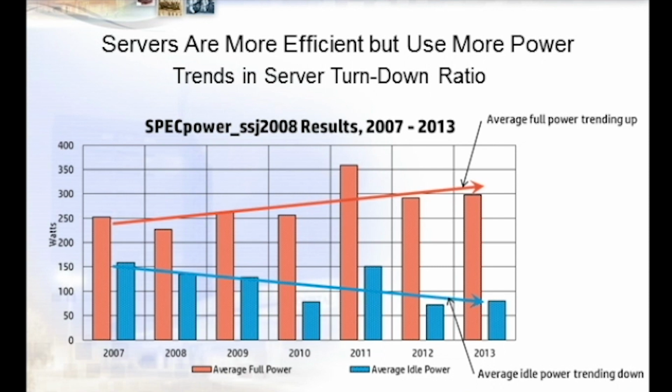Even though we have a lower average idle power state, the maximum power state is increasing. So it's kind of mixed results: we're saving energy on one end, but as we get to more powerful servers, they're consuming more energy.